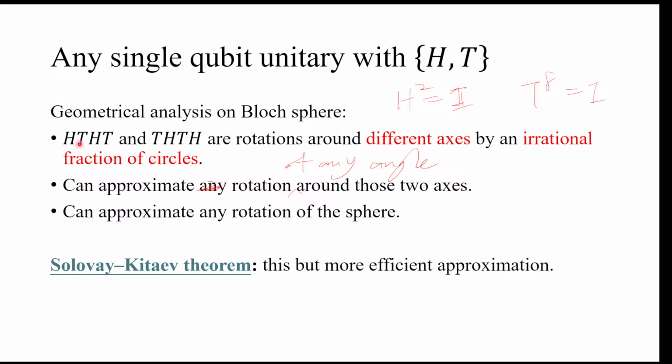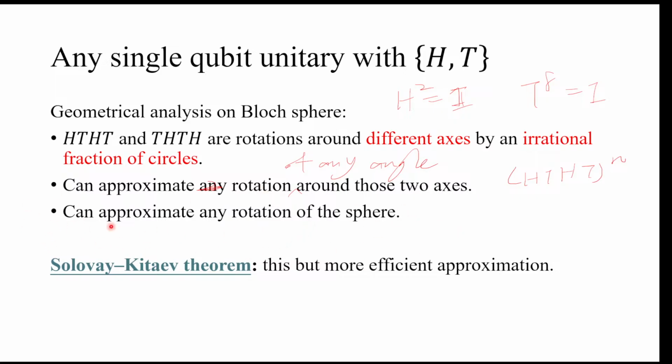So you think about HT to some power, and this thing is never equal to identity, and you actually will approximate any angle along the axis you are rotating. And similarly for this TH. Yeah. So you can approximate any rotation around those two axes. And then once you can do arbitrary rotation around two different axes, then this is some geometric thing you can show.